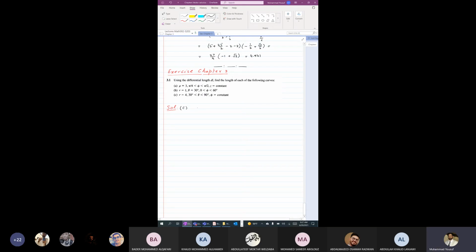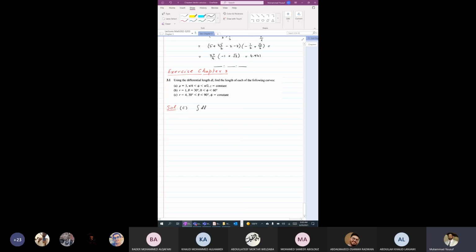In C, we need to find this dL, just this dL. And here r is equal to 4. Theta is between 30 and 90 degrees, and phi is a constant.